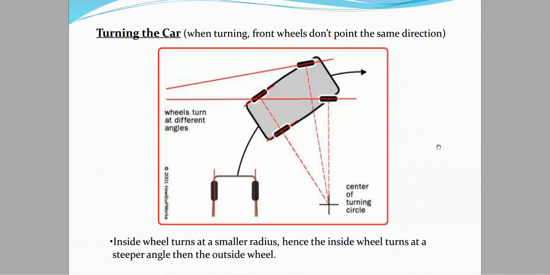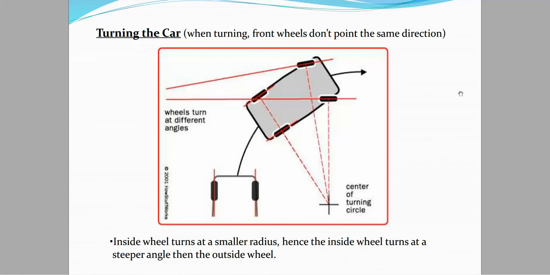Let's discuss about turning the car. When turning the car, front wheels do not point in the same direction and the inside wheel turns a smaller radius, hence the inside wheel turns at a steeper angle than the outer side.